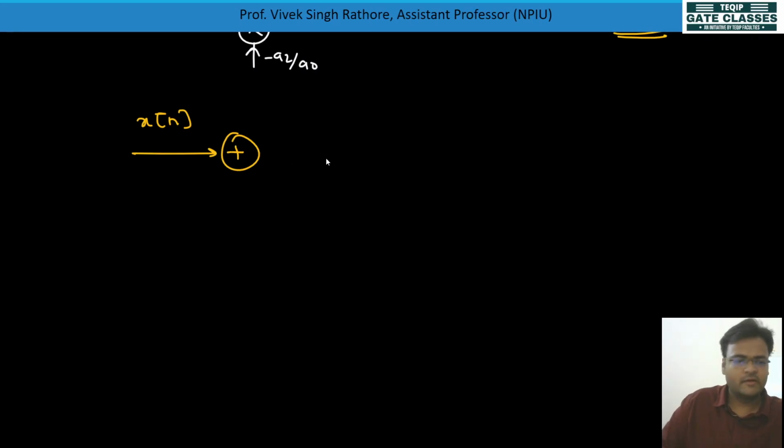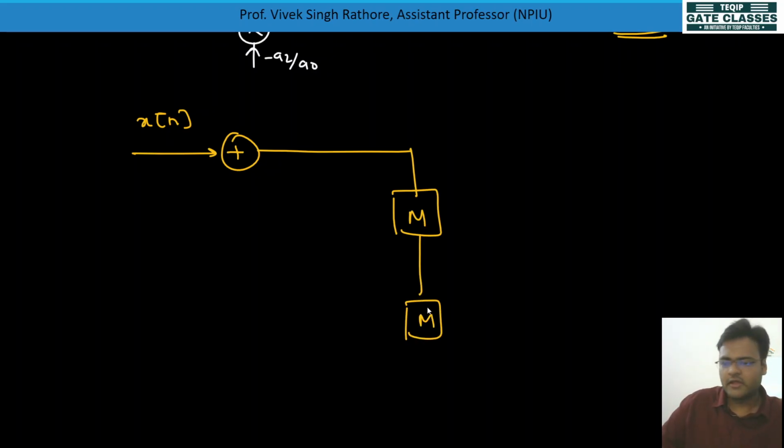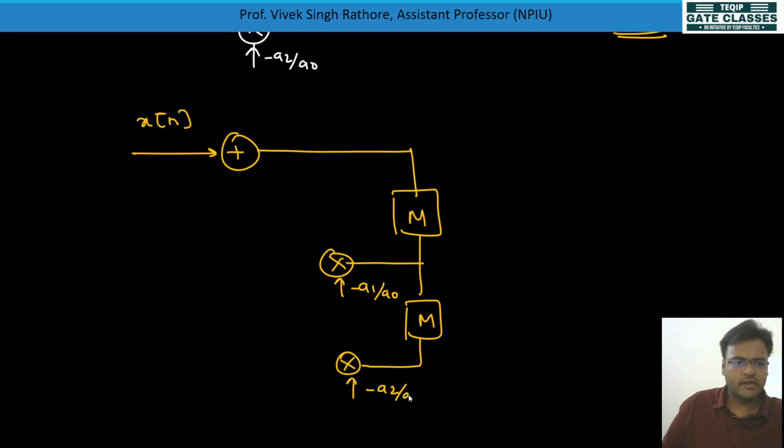It will go on and it will have one delay factor, okay, and one more delay factor is there, okay. And then it will have some multiplication factors, that is minus a1 by a0, and here minus a2 by a0 will be there. Okay, now it will be added here.